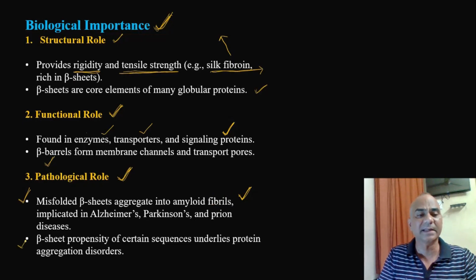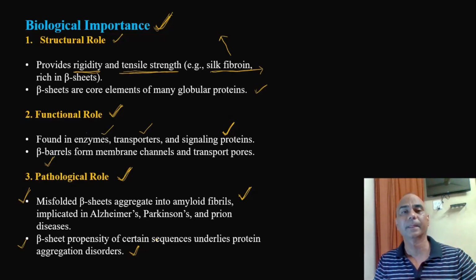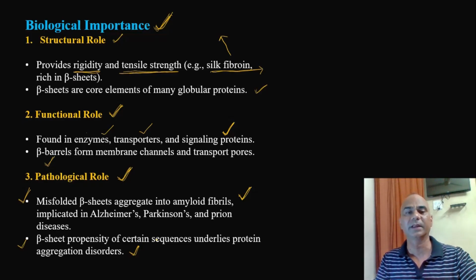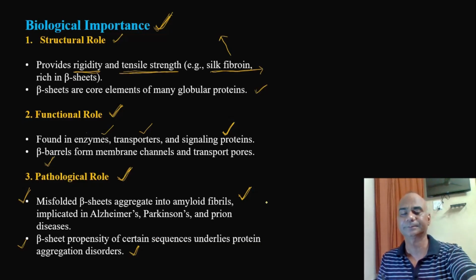And the beta sheet propensity of certain sequences underlies protein aggregation disorders. The misfolded protein aggregates in a particular tissue or part of the body and creates different kinds of disease.